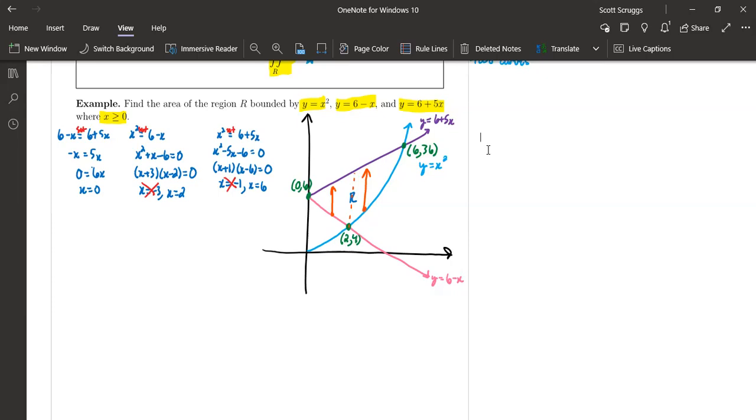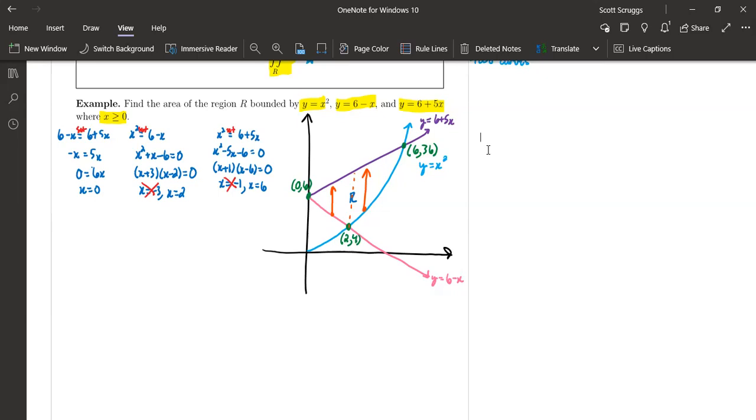To the left of that dotted orange line, my lower curve is the line 6 minus x, and my upper curve is the line 6 plus 5x. To the right of that dotted line, notice that my lower curve is x squared, and my upper curve is 6 plus 5x. Sometimes when you have a region like that, your lower and upper curves might be different, and so you're going to have to take that into consideration.